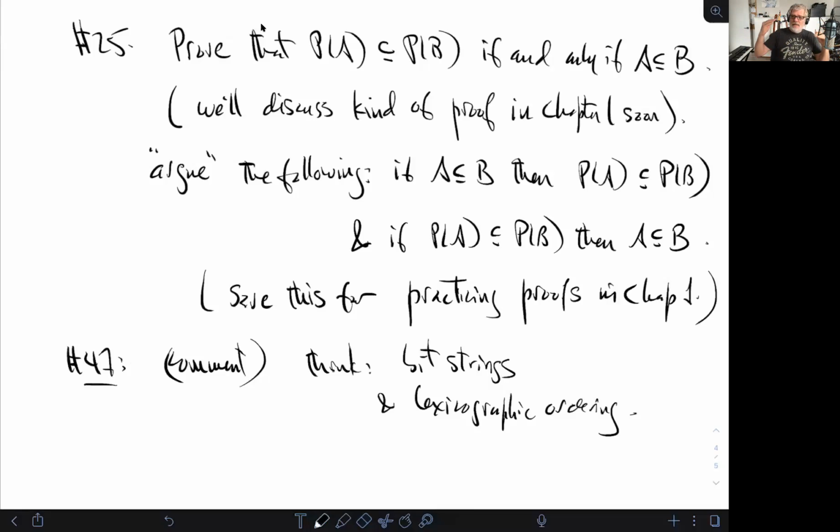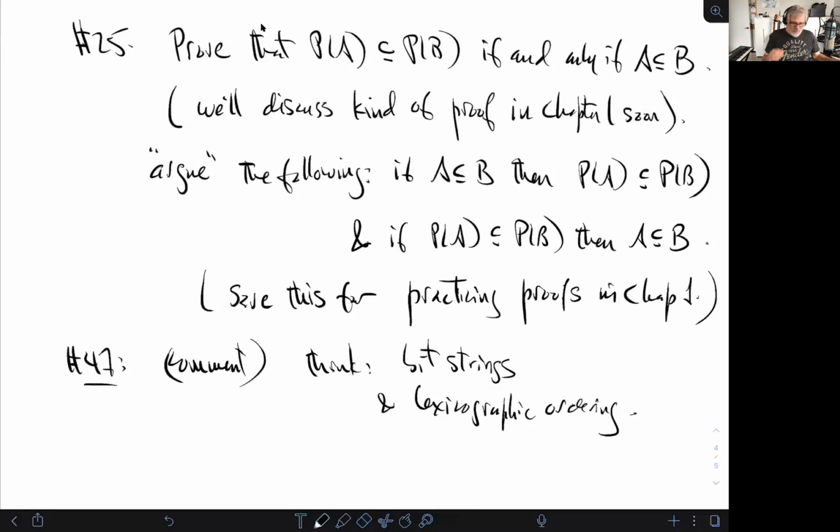And then I said you can also see this as numbers written in binary, and I did an argument showing that if you list all the numbers from 0 to whatever in order in binary, written on a fixed number of bits, they're actually in alphabetical order. So that's what 47 is asking you to think about. Bit strings, lexicographic ordering, that's one way of listing all subsets of a set. Okay, so just think about that.